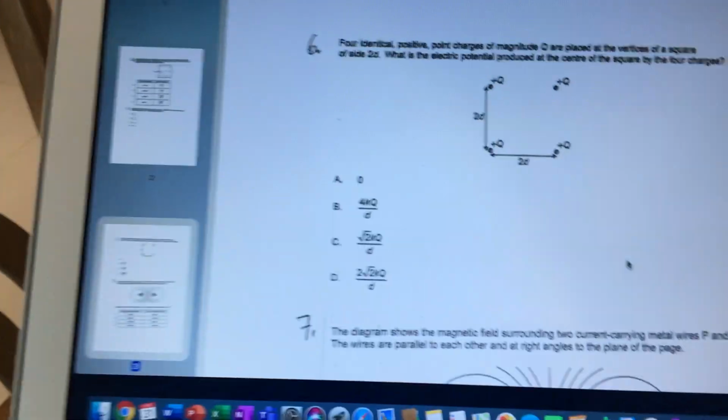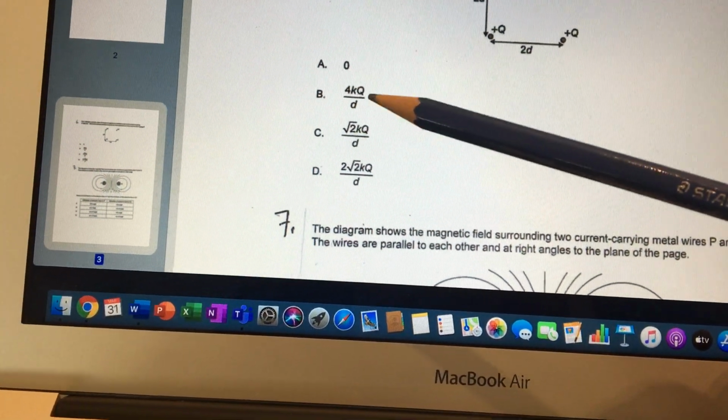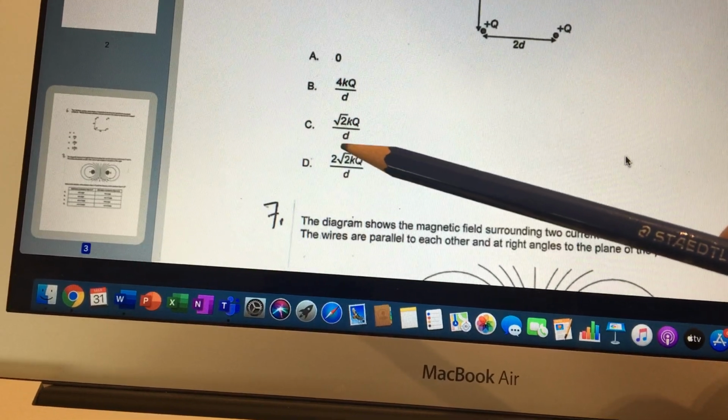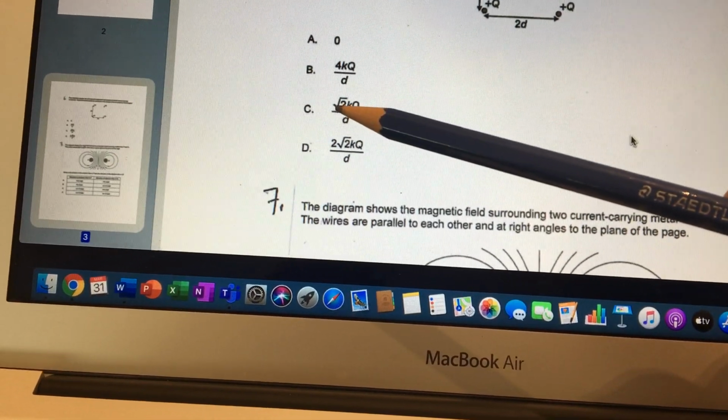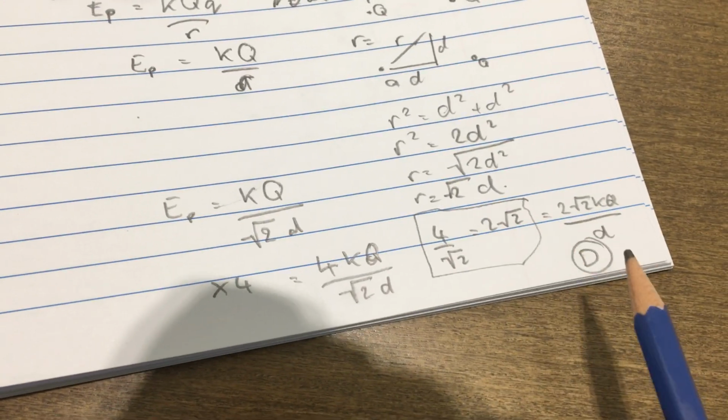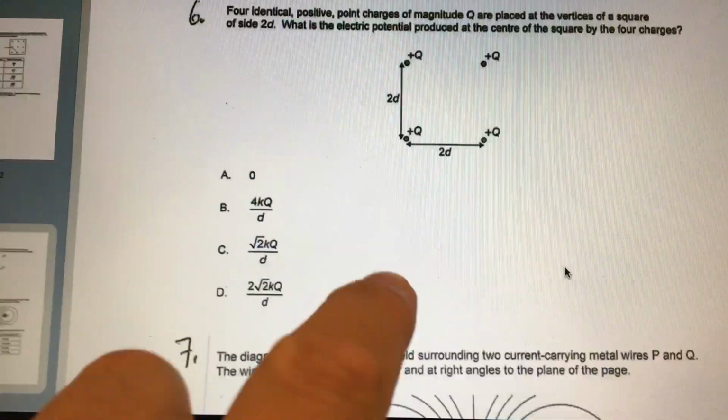You immediately rule out A and B when you do this. And then you kind of rule out C because you're like, well, the root 2 should be underneath, not on top. And actually, 4 over root 2 is 2 root 2. So that's where we came to D as our answer for question 6.